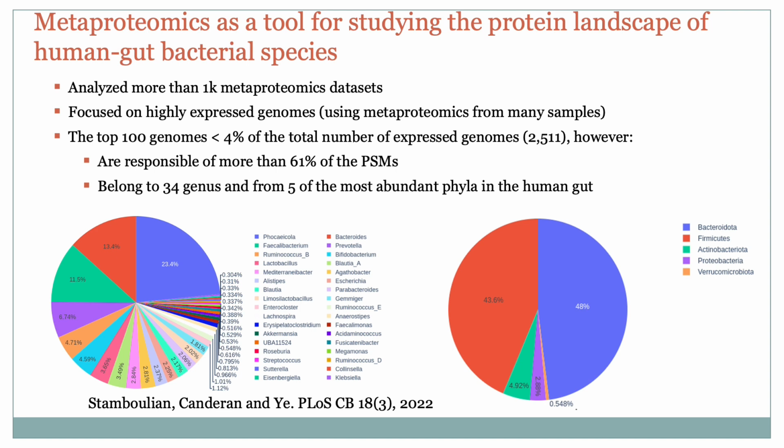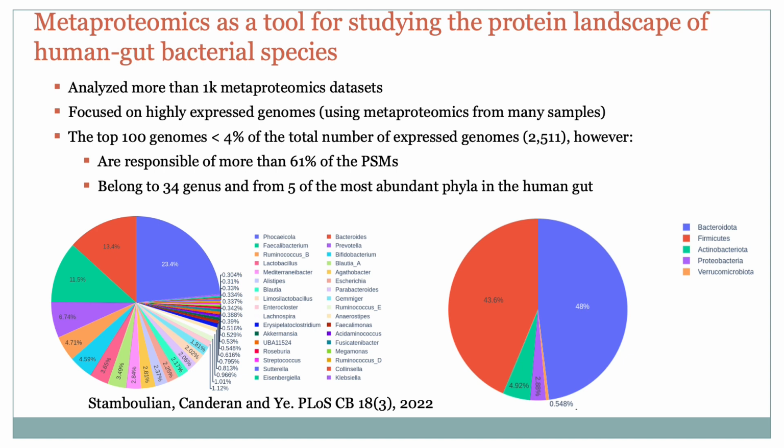With HiTSeq developed, we applied that approach to more than 1,000 metaproteomics datasets, hoping to learn about the protein landscape of those important human gut bacterial species. We know that metaproteomics throughput is still low compared to metagenomics and metatranscriptomics, but by incorporating data from more than 1,000 metaproteomics datasets, we can get a pretty good survey of expression for, for example, 100 genomes.